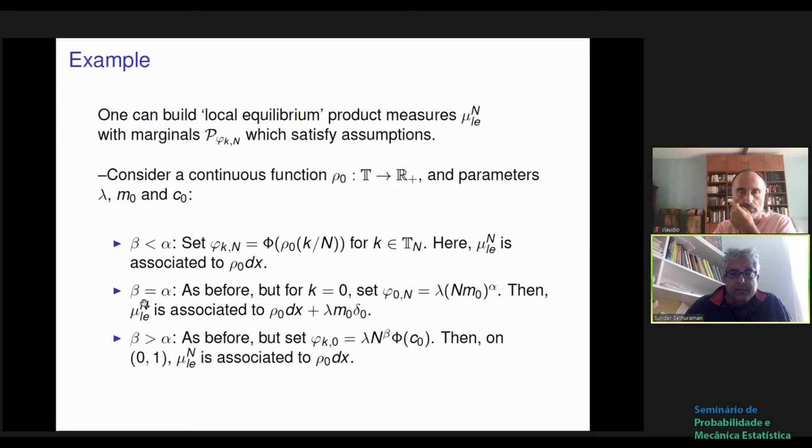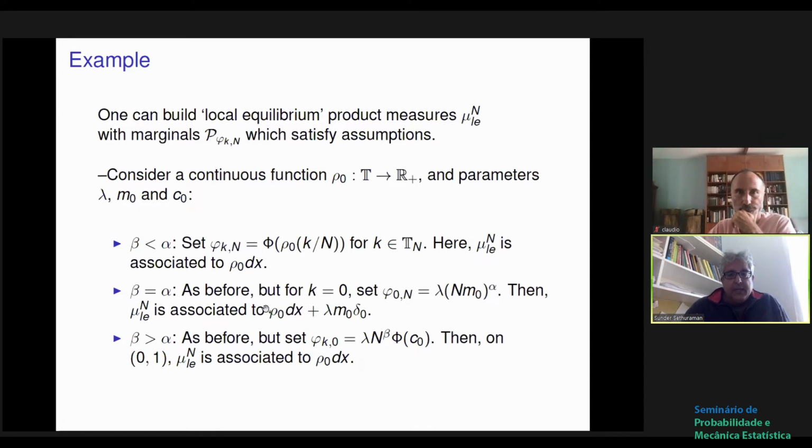So when beta is equal to alpha, you could do the same thing, except at k equals 0, we want to build up a little bit more. So you put the fugacity as order n to the alpha. So beta is equal to alpha in this case.